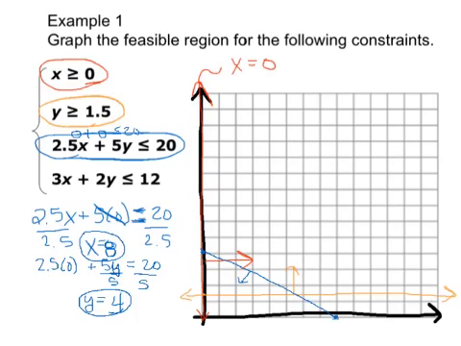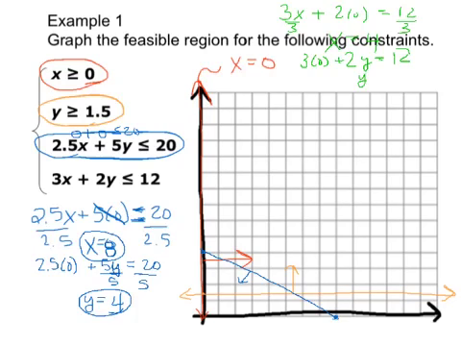Okay, let's try the next one. 3x plus 2y less than or equal to 12. You're going to be working on your paper a little bit more than I'm working here. I'm going to try it up here. Our x-intercept, y is 0. 3x plus 2 times 0 equals 12. Divide by 3, x equals 4. Okay, that's our x-intercept. Our y-intercept, x equals 0. 2y equals 12.